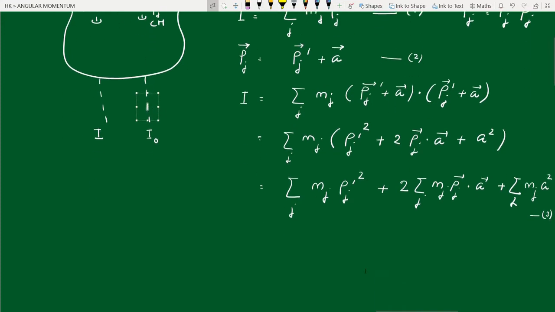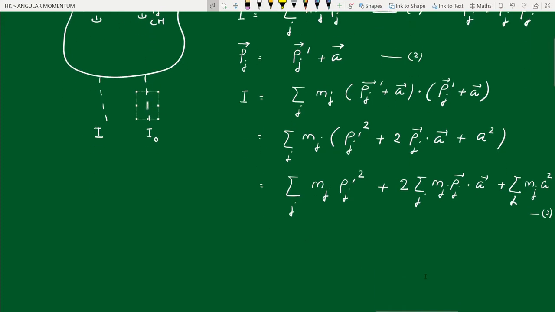So we can write the first term as simply I0, summation over j mj rho j prime square. This is I0. Let me call this equation 4.